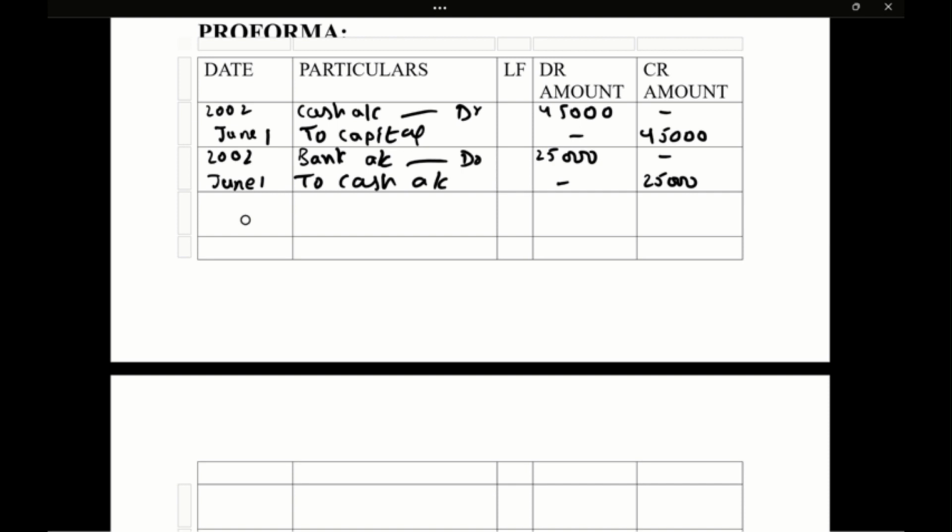So next entry we have goods purchased for cash. So we are purchasing goods for cash. So the date is 2002, June 2nd. The entry will be purchases account debtor to cash account.